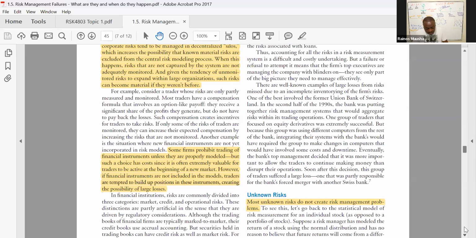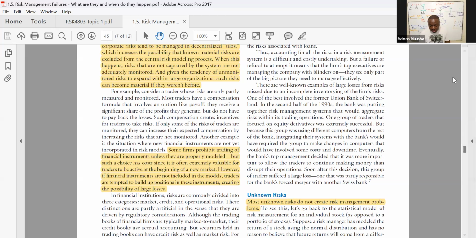But such a choice has cost since it is often extremely valuable for traders to be active at the beginning of a new market. However, if the financial instrument is not included in the models, traders are tempted to build up positions in these instruments, creating the possibility of large losses.